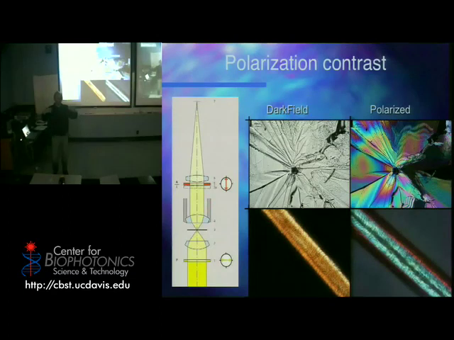Dark field is the light from the sides. Notice this is a hair in air. On the air part, light coming from the side doesn't go anywhere. But when it hits the hair, it comes up. So I see the hair, but the rest is a dark field. Bright field, this would look bright, and this would look darker. That would be bright field microscopy. This is dark field microscopy.